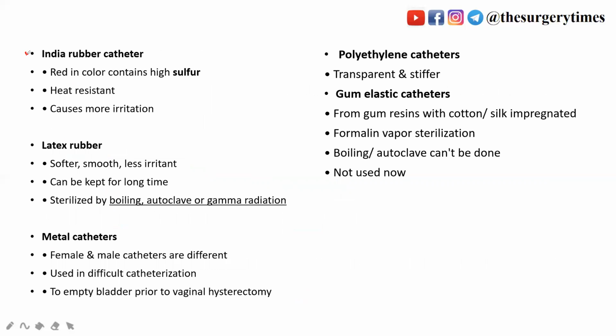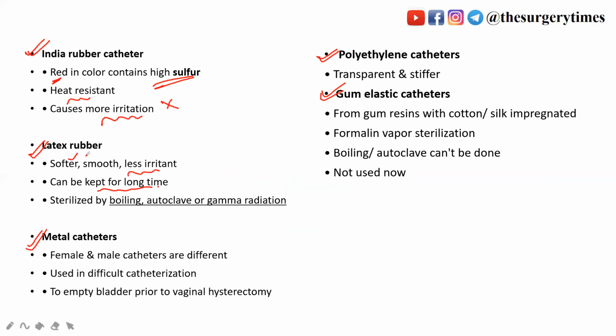One is Indian rubber catheter, latex catheter, metallic catheter, polyethylene catheter, and gum elastic catheter. Indian rubber catheters are high sulfur containing, red in color, heat resistant, but more irritant, so not used. Most commonly used is the latex catheter because it is less irritant and can be kept for a long time.